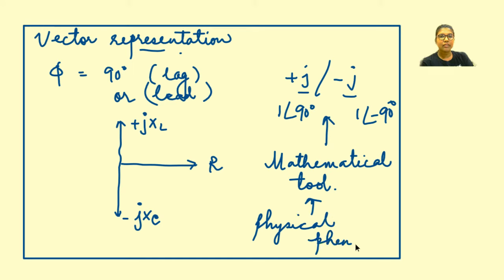Now, is this clear? Are we clear up to this part? That why are we representing this inductive reactance and capacitive reactance along an imaginary axis? Is this part clear to all? Why are we actually introducing this concept of plus J and minus J for an inductor and capacitor respectively?